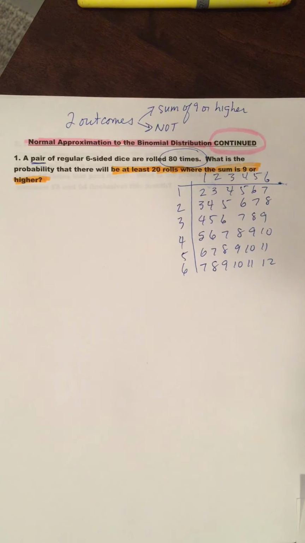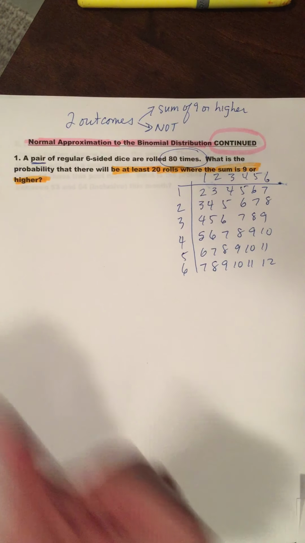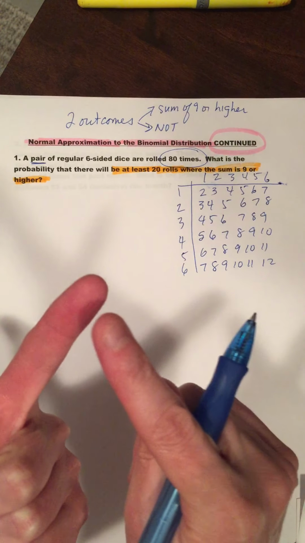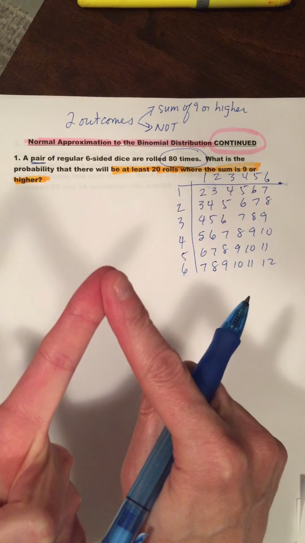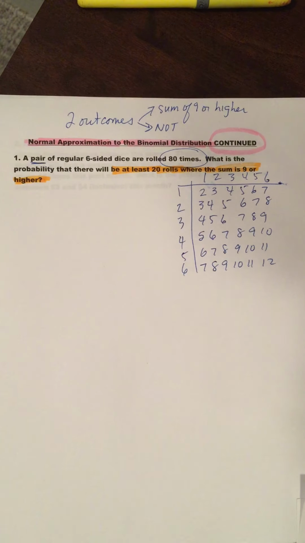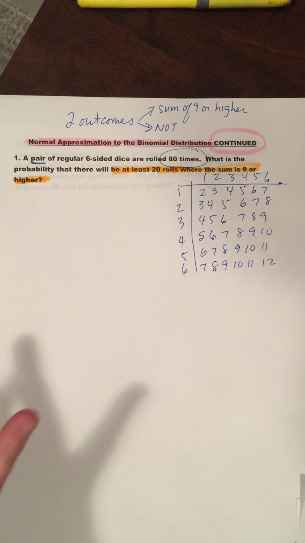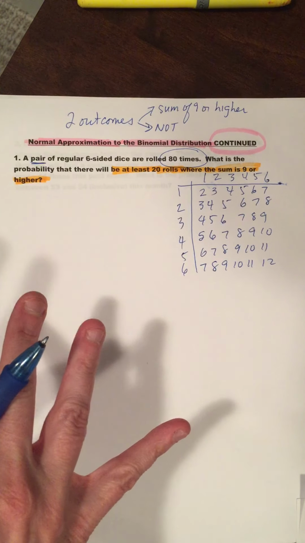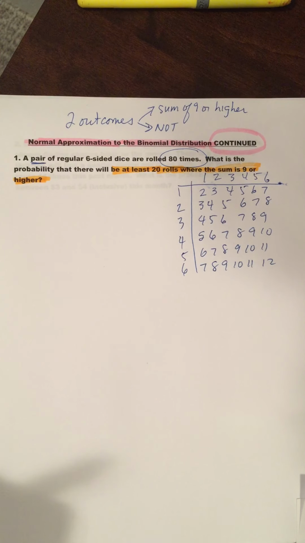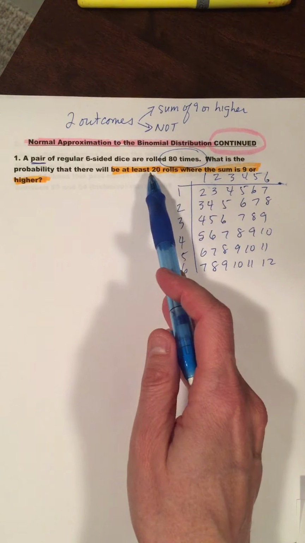Now, when there's 2 outcomes, it could be a Bernoulli, it could be a reverse psych Bernoulli, could be a waiting time, or it could be a normal approximation. Now, nothing in this question leads you to believe how long you're going to have to wait. So waiting time's out.